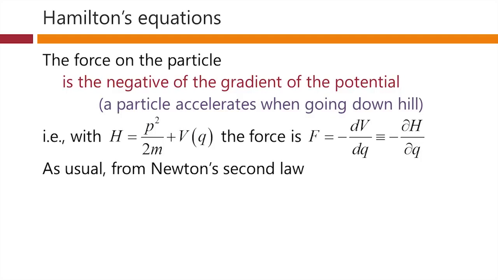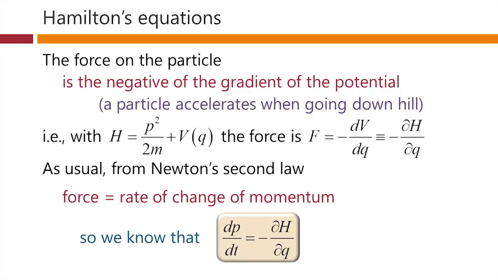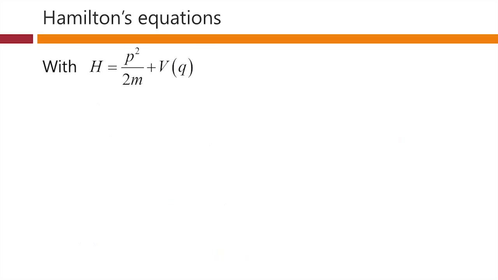As usual from Newton's second law, force is the rate of change of momentum. So rate of change of momentum, of course, is dp by dt, and that therefore is equal to minus partial dH by dq. Again, with our classical Hamiltonian, p squared over 2m plus V of q, we also know that the partial derivative of the Hamiltonian with respect to p is just p over m.